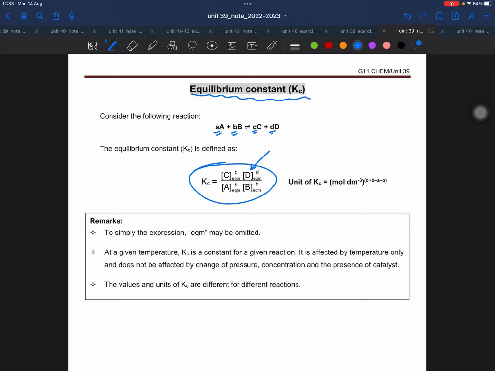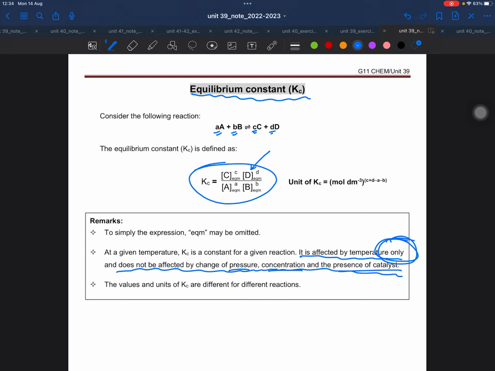Now, for Kc, there is only one point you need to memorize: the value of Kc is affected by the temperature only. That means if the temperature is not changed, other parameters, for example pressure, concentration, or catalyst, will not change the value of Kc.